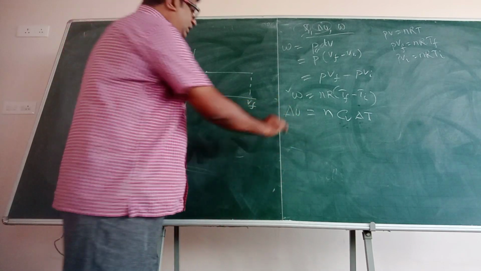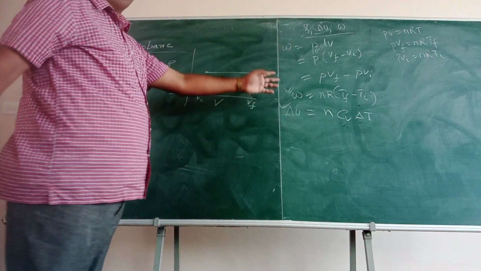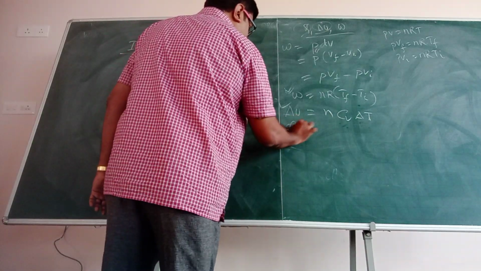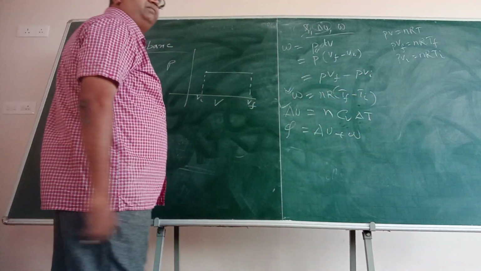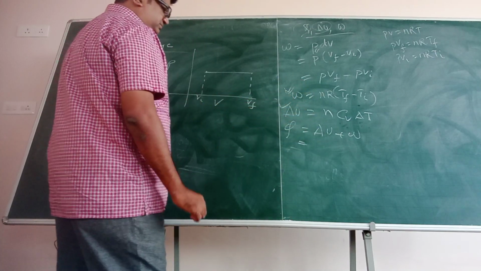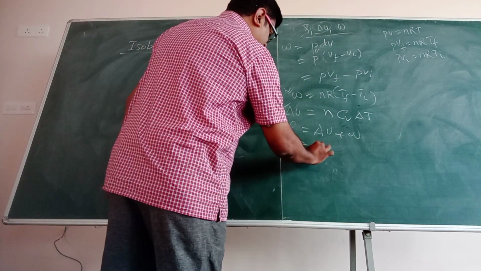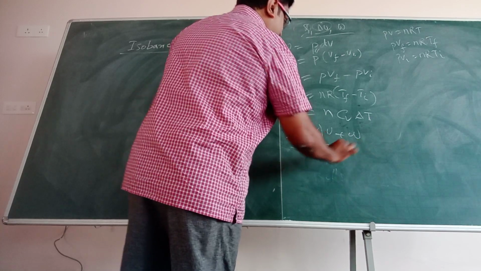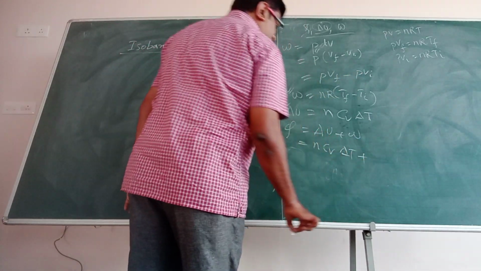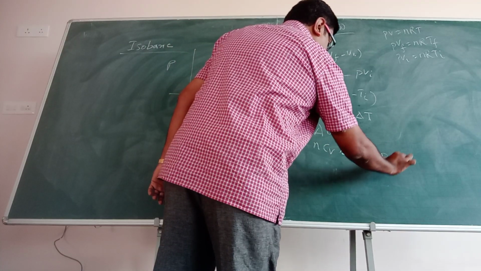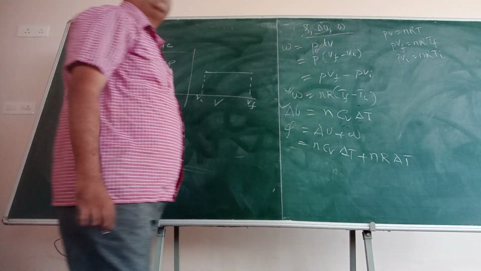So delta U you have found, delta W you have found, and you have to calculate Q. Q is equal to delta U plus W, which is nCV delta T plus nR delta T. Would you agree?